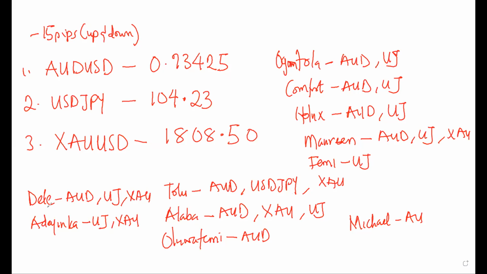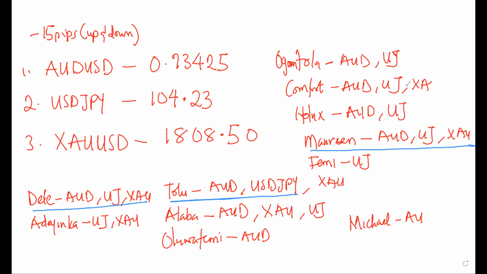So I have Daily completed. I have Tolu completed. Let me use a blue. Maureen completed. So let me look at the people that are just submitting now. Comfort Gold done.